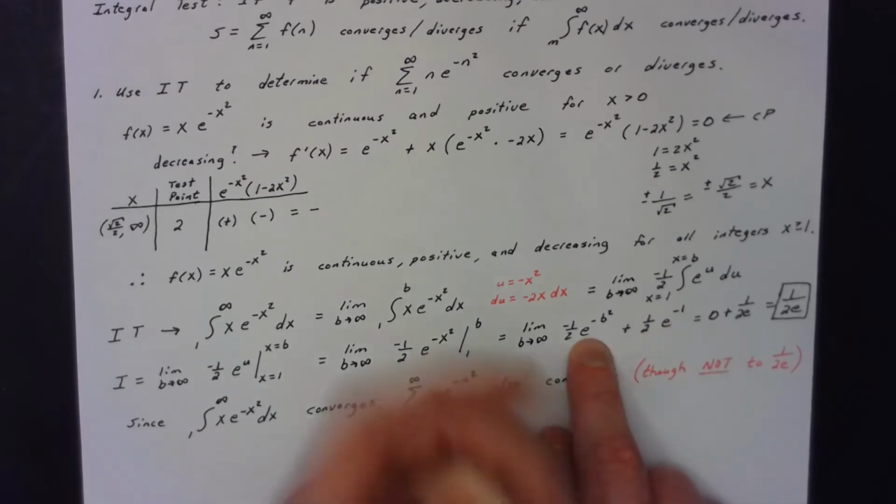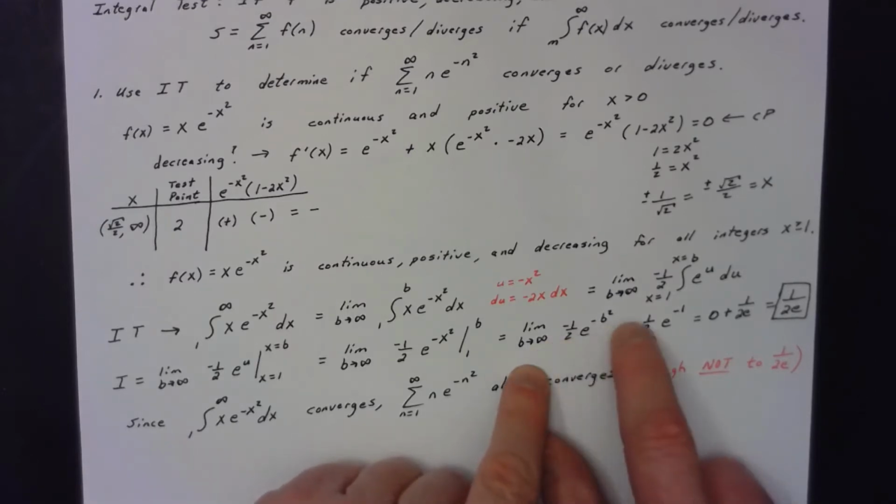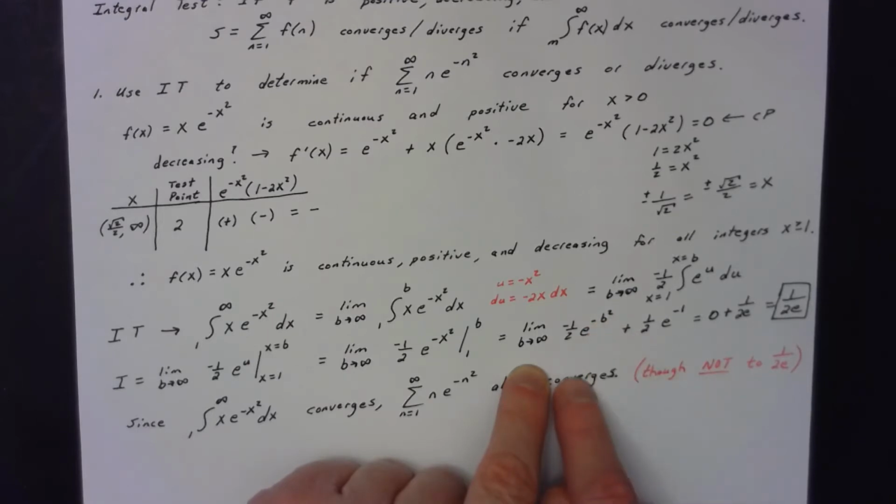Now, this first one just becomes 0, and that needs to be absolutely clear to you when I say that that first term becomes 0. The reason is because if you plug in an infinity for b, doesn't matter that it's being squared, please notice that negative is not being squared, only b is squared. So you'd say, well, that's just going to be negative infinity. Well, e to the negative infinity means that that exponential function is in the denominator.